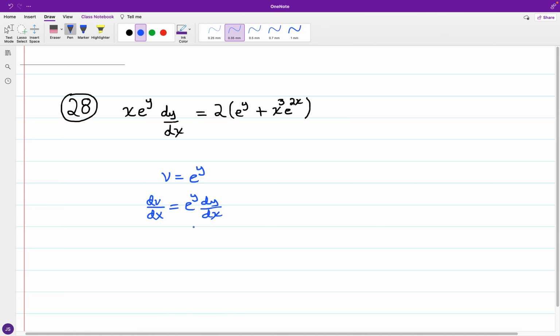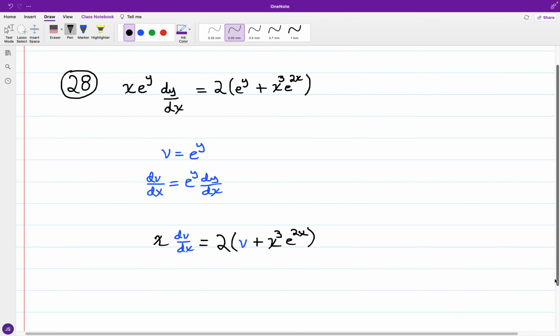Looking at what we have now, if I replace e to the y dy over dx with dv over dx, in the rewrite I'm going to have x times dv over dx is equal to 2 times the quantity, and notice we have v in lieu of e to the y, plus x cubed times e to the 2x.